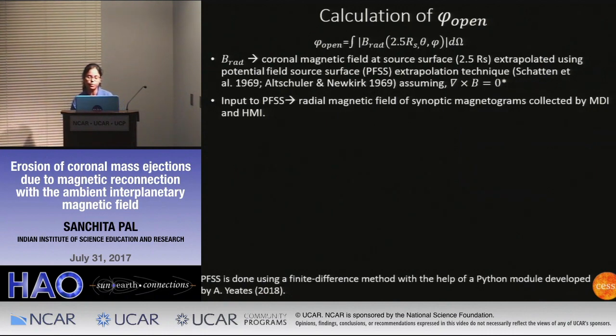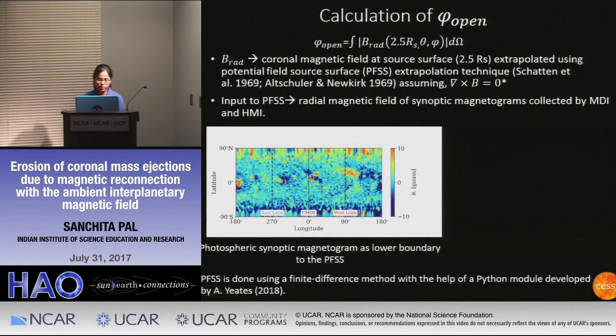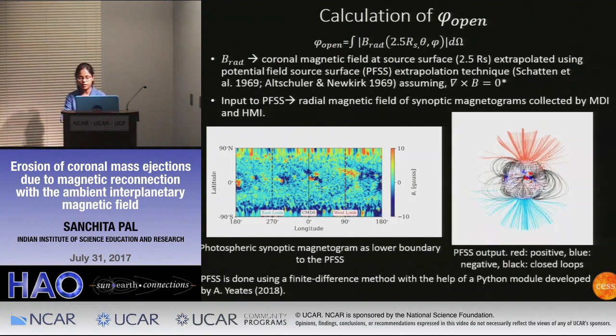The input to this PFSS is the photospheric magnetogram. Here I have shown the synoptic magnetogram of the photosphere, in a -10 to 10 Gauss saturation level. It is taken from the HMI magnetogram, and using this we have done the PFSS analysis at 2.5 RS.